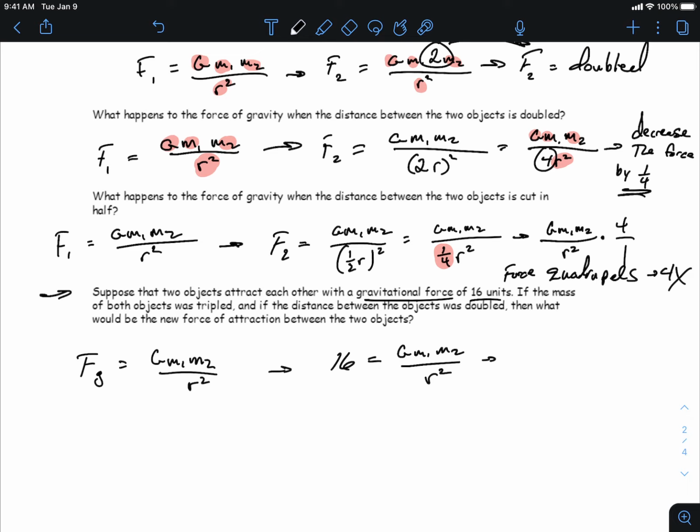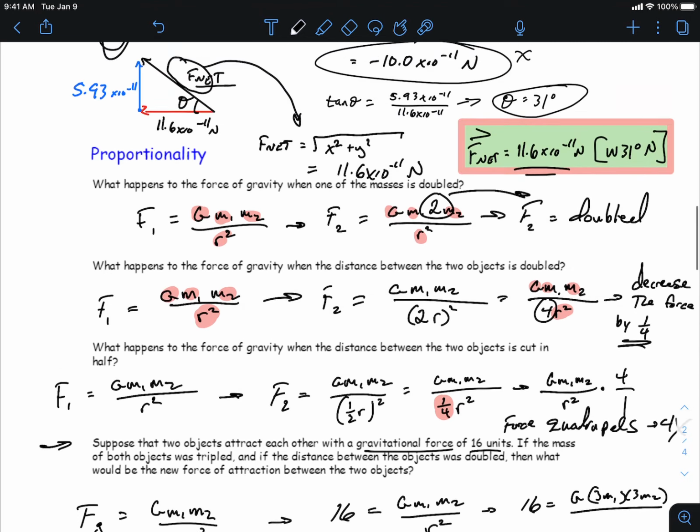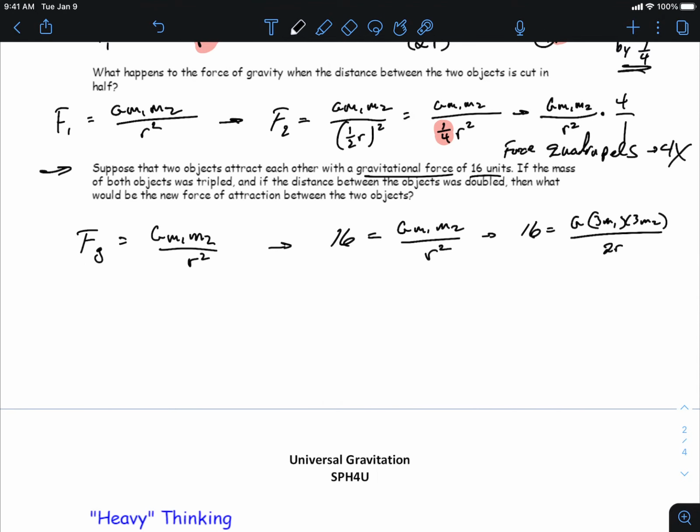Okay, so let's do that now. So 16 equals G, 3m1 times 3m2, and the distance between the two objects was doubled. So we're going to say 2r squared.